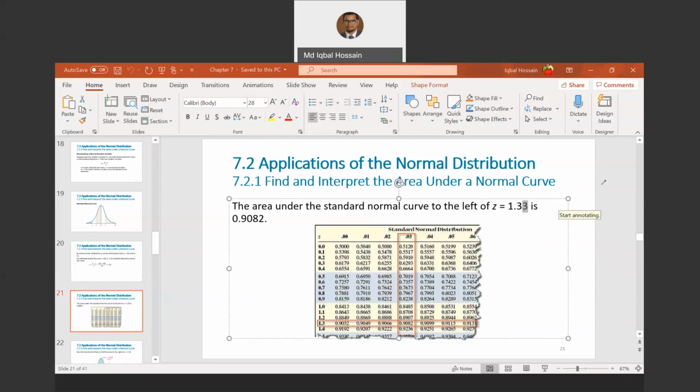It does mean that for a Z value, suppose we have a standard normal distribution like this, this is 0, and we have a Z value which is suppose 1.3.